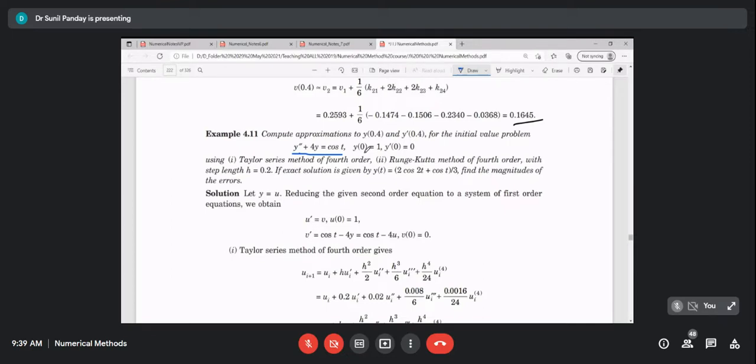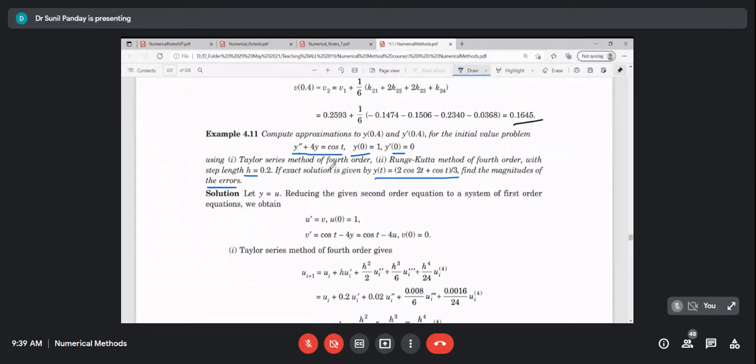So here a second order differential equation is given to you with the initial conditions y0 equals 1 and y dash 0 equals 0. And the step length is this one. If the exact solution is given by this, find the magnitudes of errors.